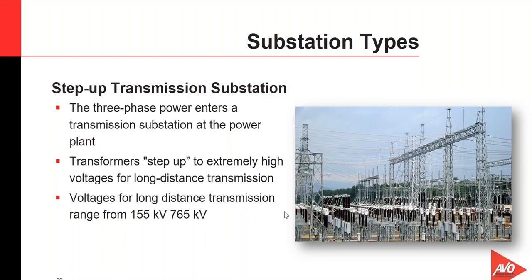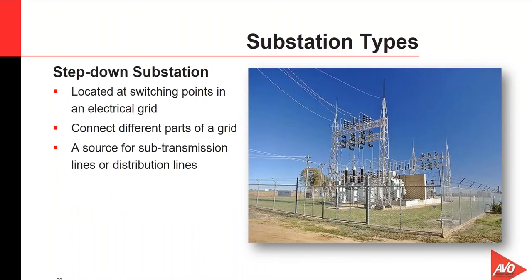Okay. Next up is our step-down substations. Our step-down transmission substations are usually located at switching points in the grid, and they connect these substations along the grid as well. These step-down substations can change the transmission voltages to a sub-transmission voltage, usually around 69 k. The sub-transmission lines are connected to the distribution type lines.